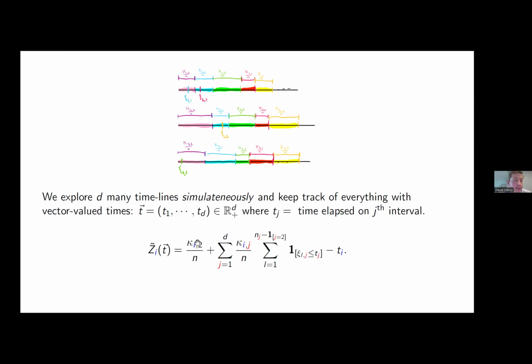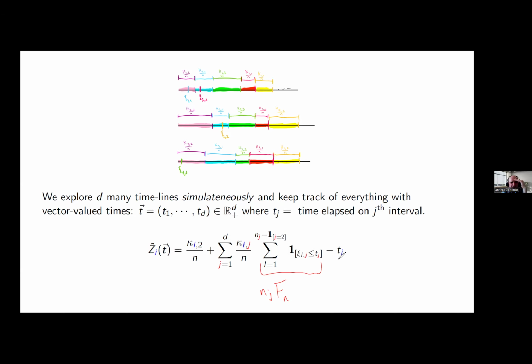And then this I is corresponding to the index here. And then we sum up over all the other types. This here is essentially the empirical process scaled from before. So this is very similar to the previous.